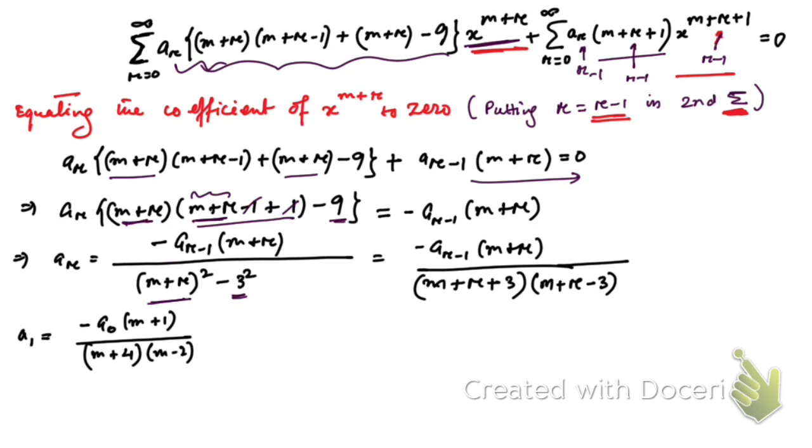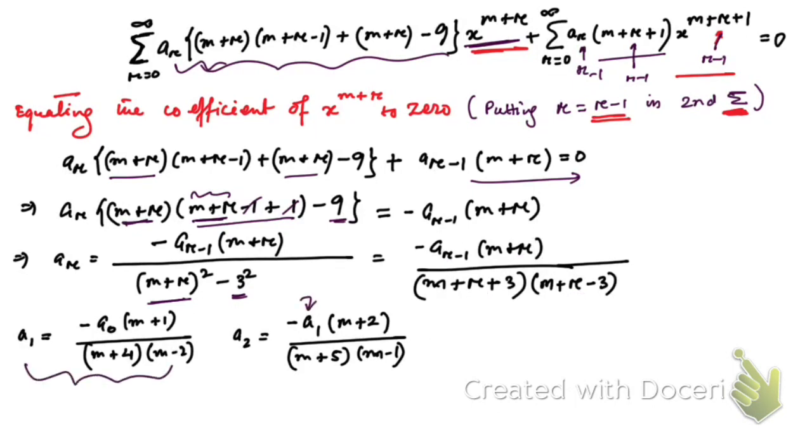Similarly, you can find a2 as well, so putting r equal to 2, we're going to get this, right? So put r equal to 2 here as well. Now replace this a1 by the value of a1 that we have already got.